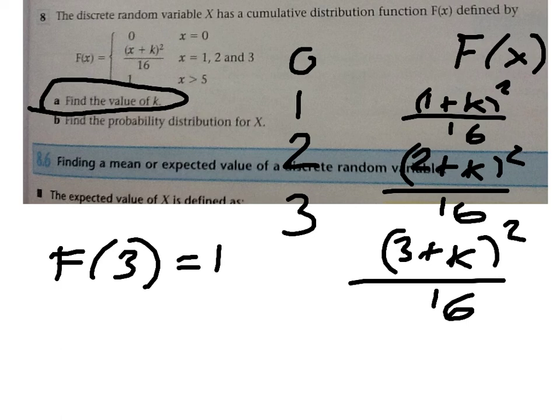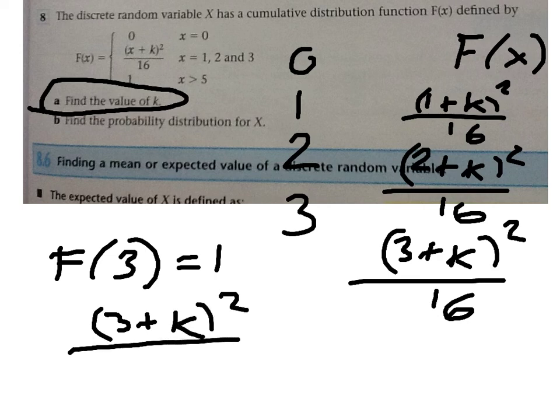That's going to be all probabilities. This is quite simple to solve. You've got (3 plus k) squared all over 16 equals 1. So we need the top to be 16, and we can make the top 16 if we make k equal to 1.